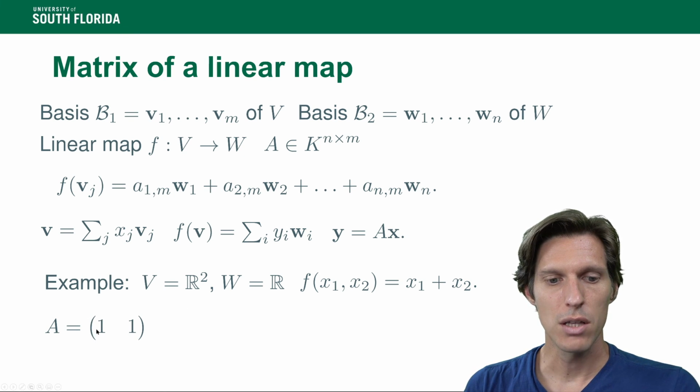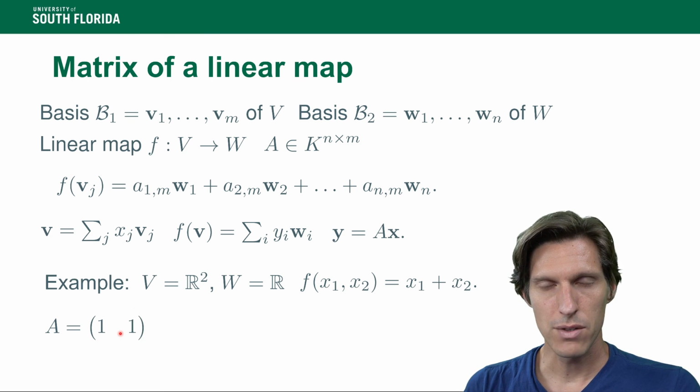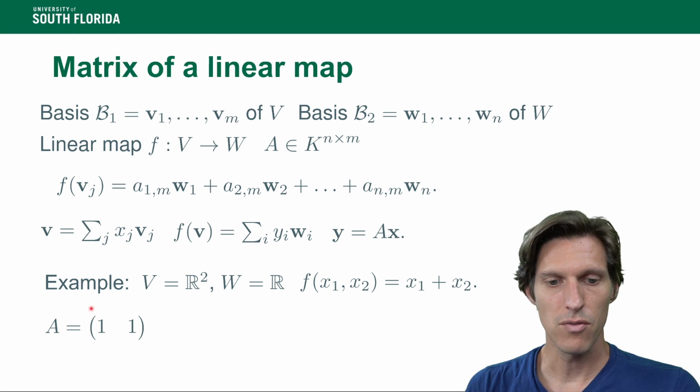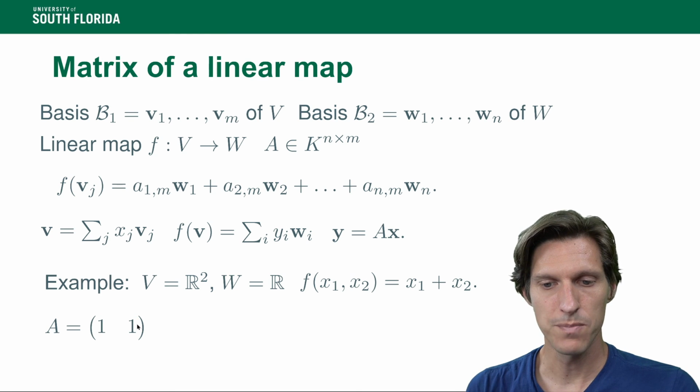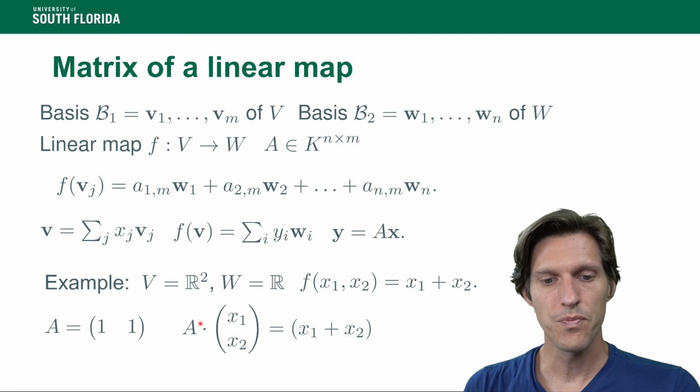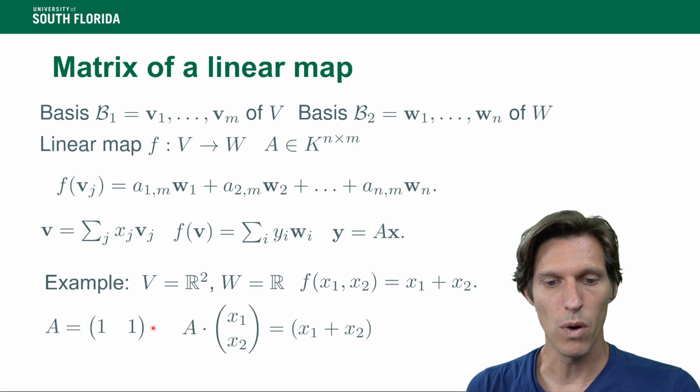So each column here is f of the basis vector. So f of (1, 0) is 1, and f of (0, 1) is also 1. And so f of (x1, x2) is this matrix (1, 1) multiplied by this vector (x1, x2), and that is the 1 by 1 matrix x1 plus x2.